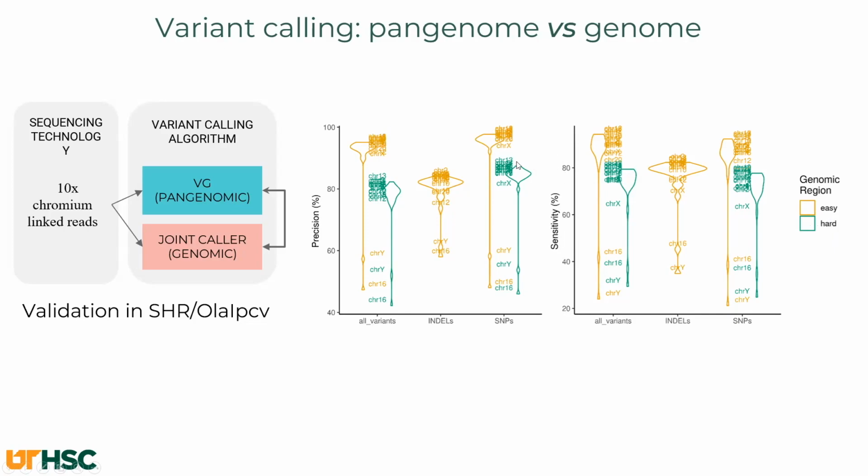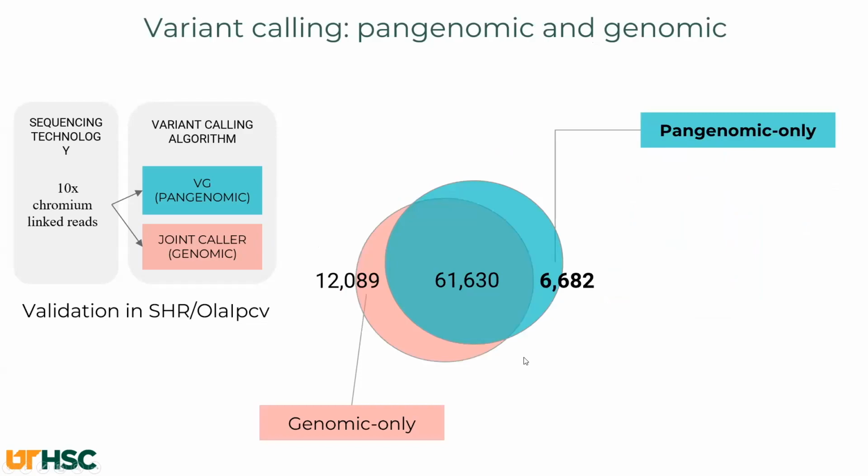In the hard region it is near 90%. Obviously, you see that this decreases for indels, but this is still a problem also to study indels in the genomic standard approach. Obviously, my idea is to try to identify new variants called only by the pangenomic approach.